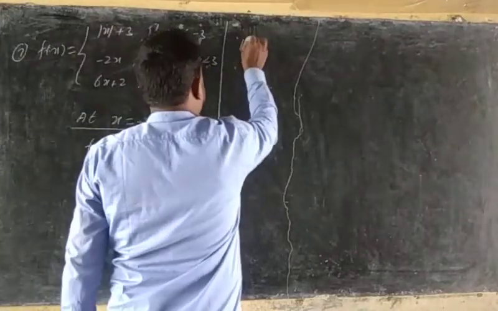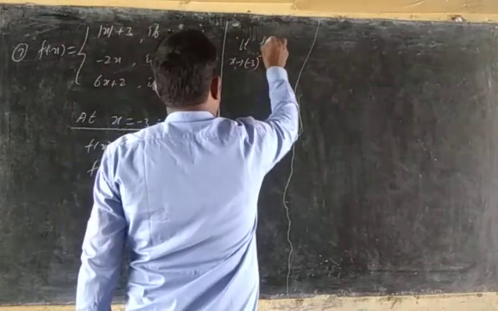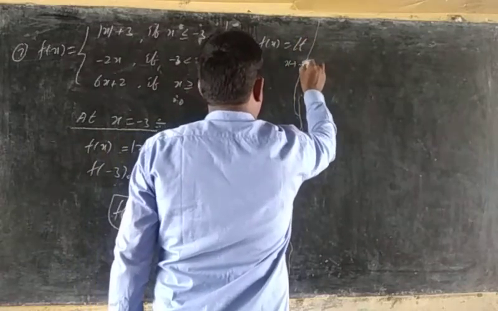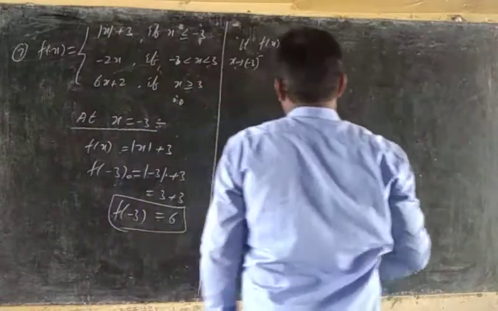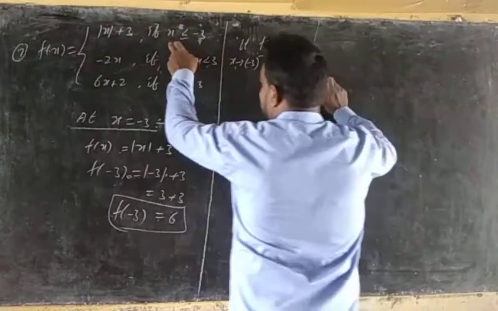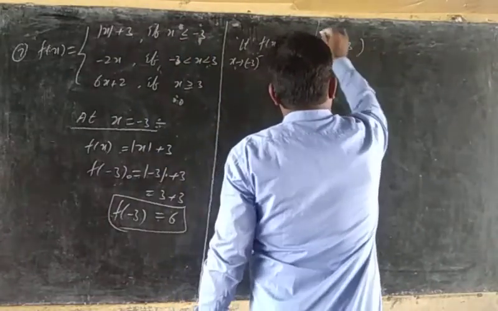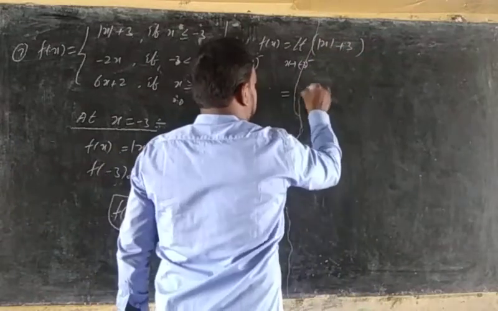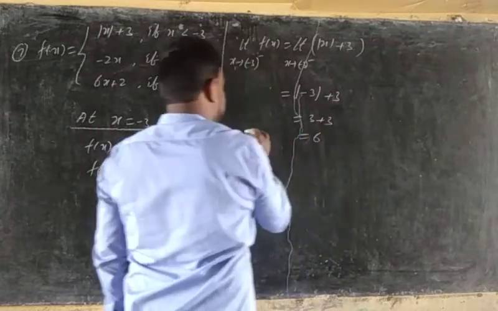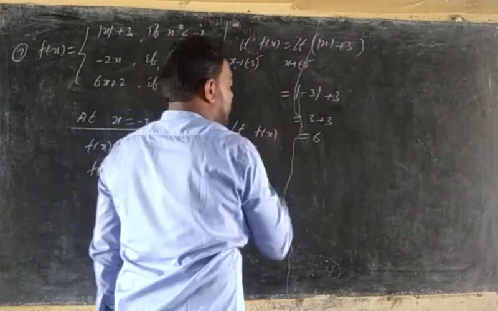Now limit x tends to minus 3 minus of f of x means x is less than minus 3. For x less than minus 3, the function is defined as mod x plus 3. This is equal to modulus of minus 3 plus 3, 3 plus 3, 6, which is the limit x tends to minus 3 minus of f of x.